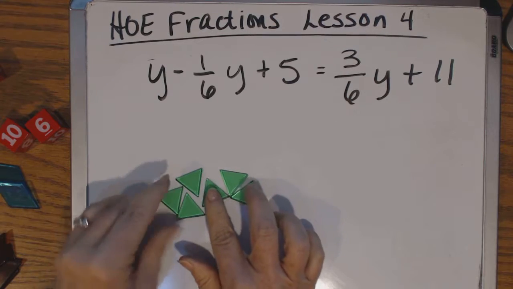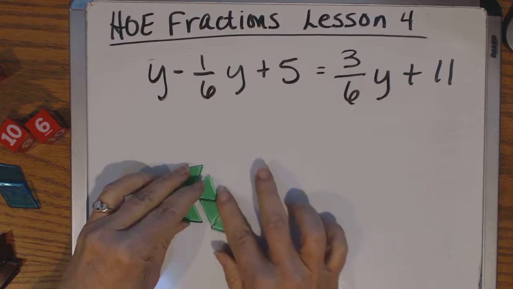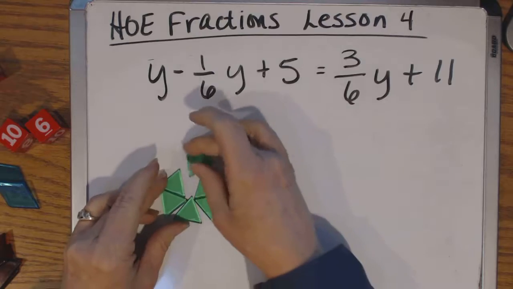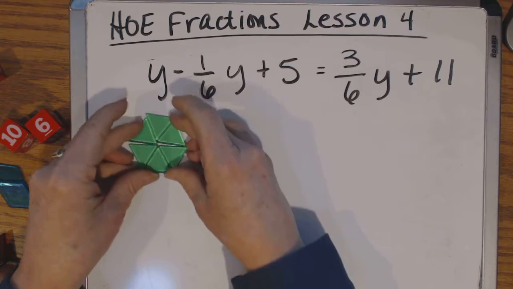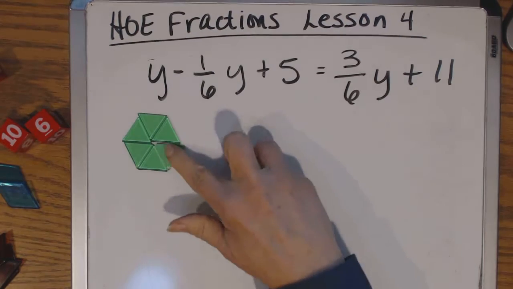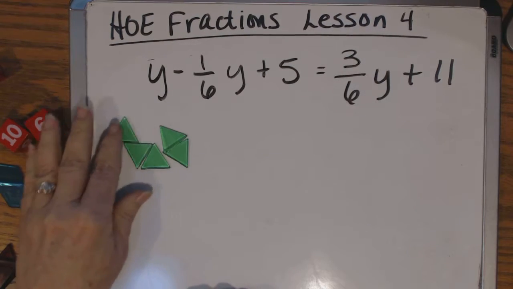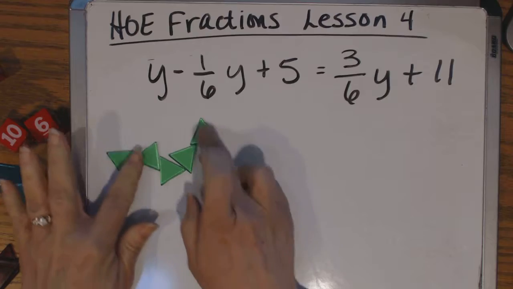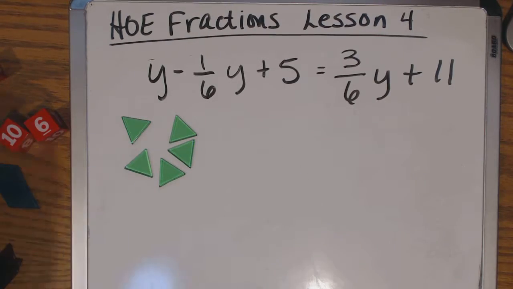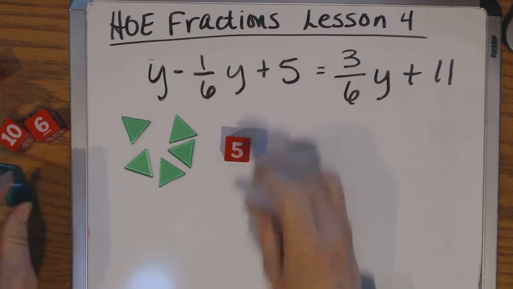That would make my whole y. And then there's my whole y minus a 6. That's going to leave me my 5/6 of y, all right? So there's my 5/6 of y. And then I'm going to add a 5, okay?